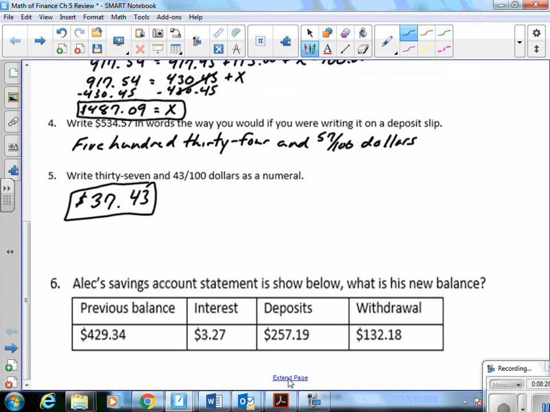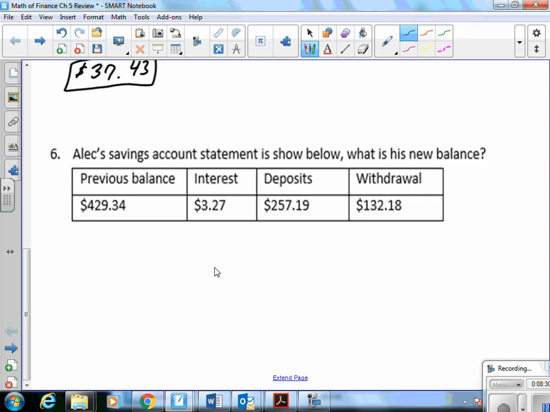All right, so then number 6, Alex's savings account statement is shown below. What is his new balance? So the previous balance is $429.34. He had $3.27 in interest, $257.19 in deposits, and $132.18 in withdrawals. So interest and deposits is added on to the previous balance.